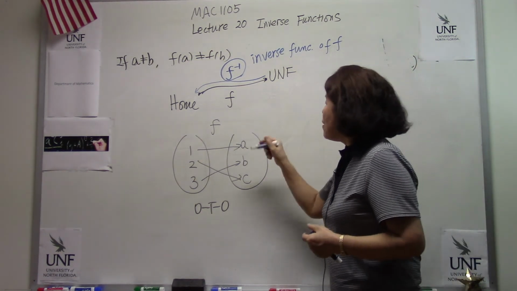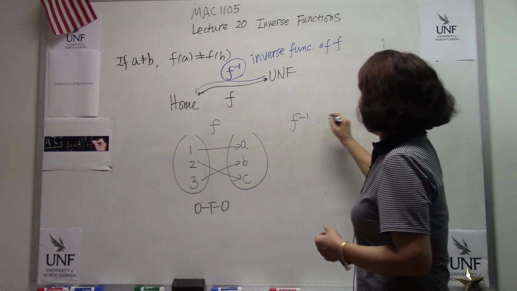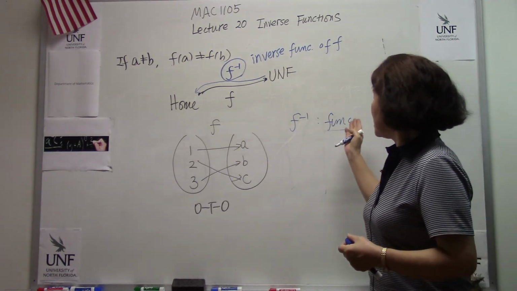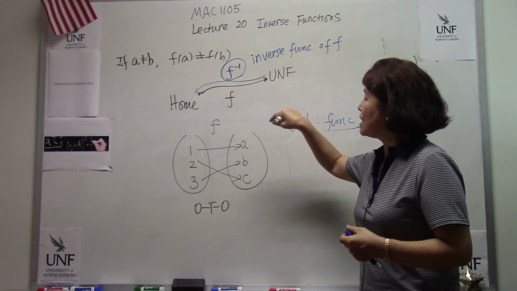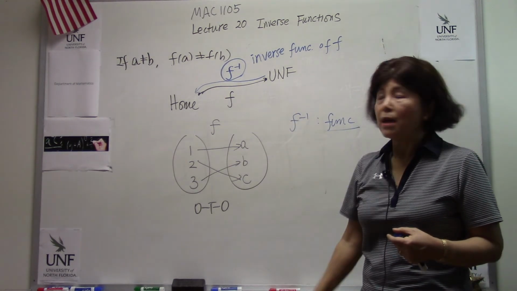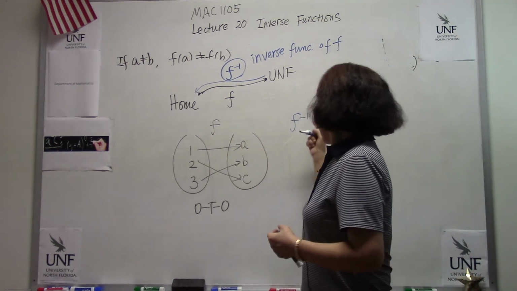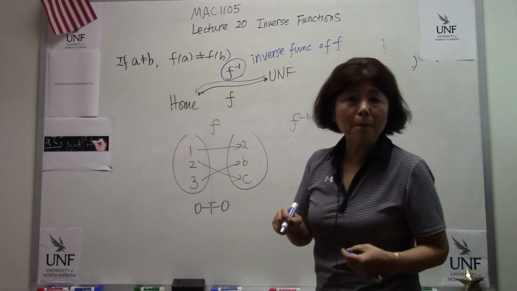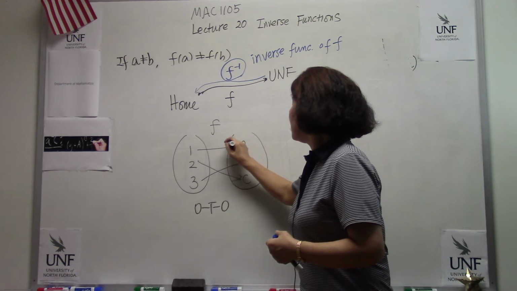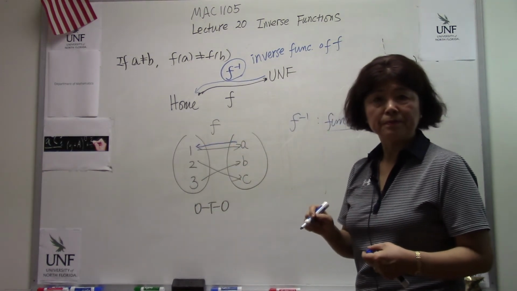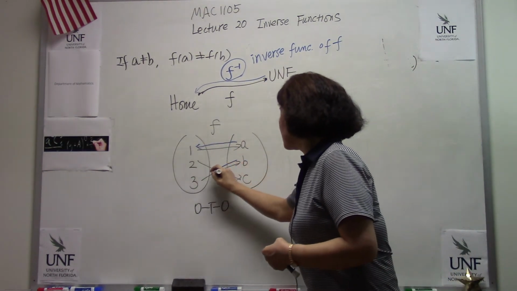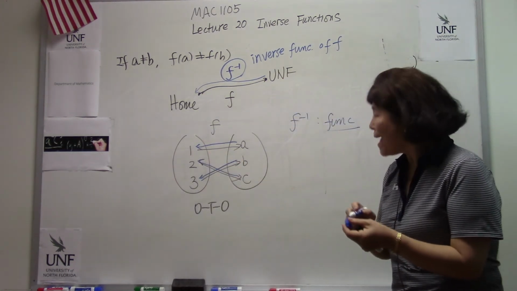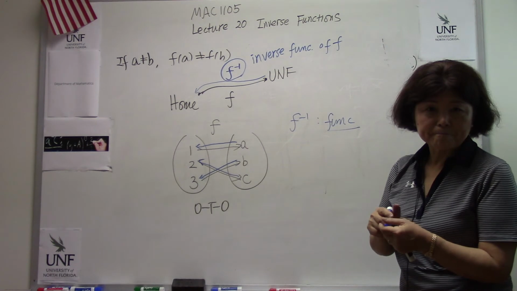Because when you make an inverse function, already we say this is a function. That means for each input, it has only one output. So inverse function means, as I did, we're going in the opposite direction. So I'm going to reverse this arrow, and reverse this arrow, and then reverse this arrow. That is the inverse function.